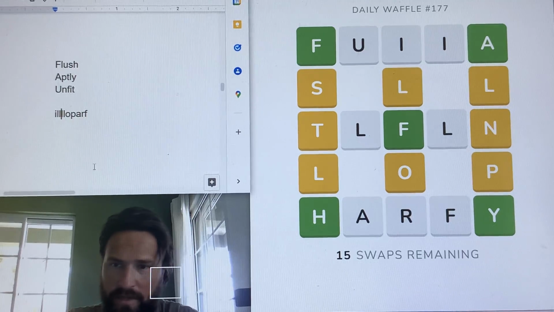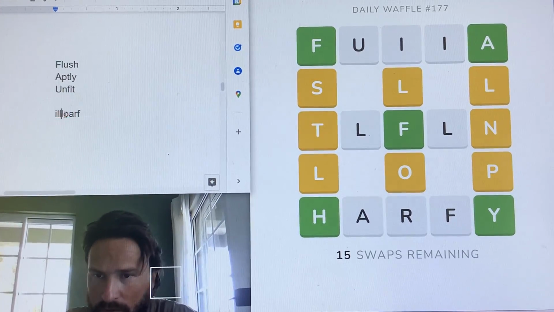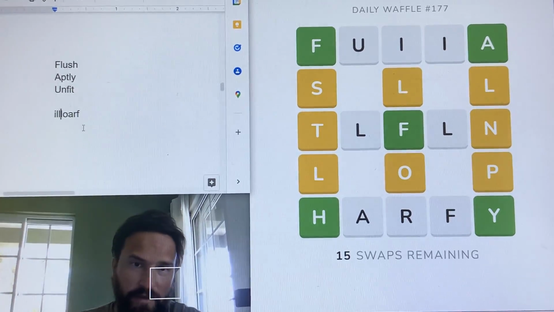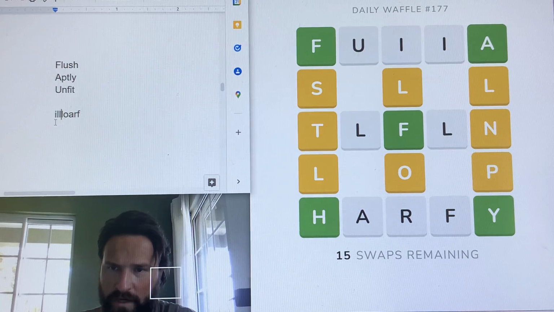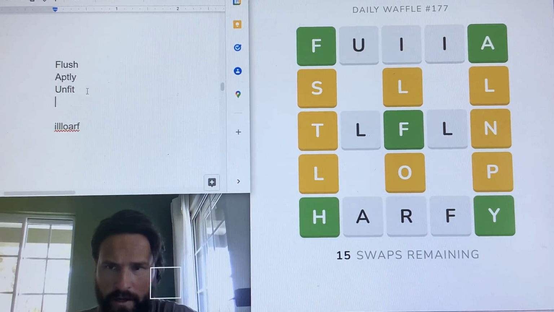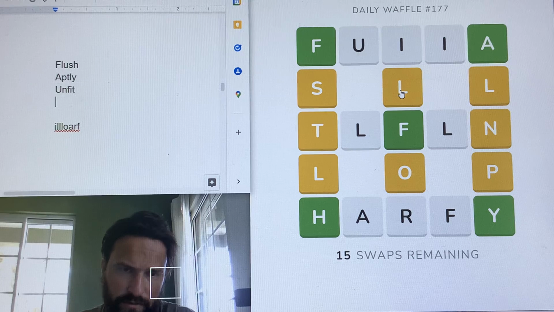So P, we take out a P and another L. And we still have 3 L's to use, which is crazy to me. And our vowels are an I, an O, and an A. So we got some variety there. Okay, so we've got an O and an L that have to be placed in this word. Which seems sort of weird, honestly.